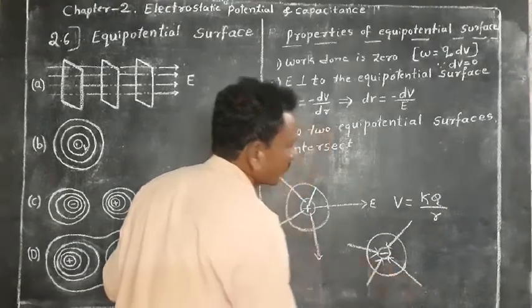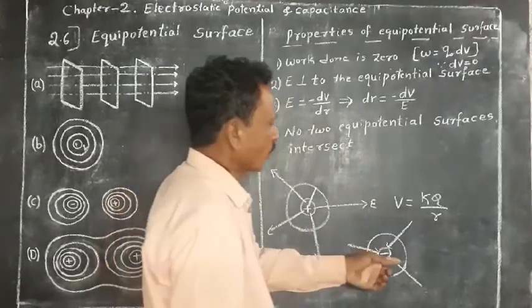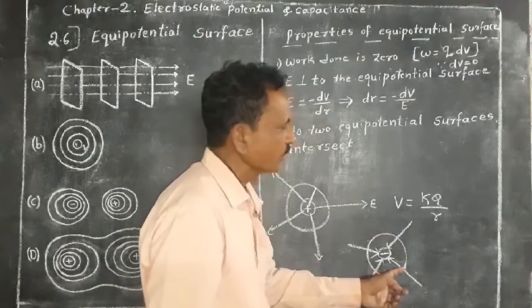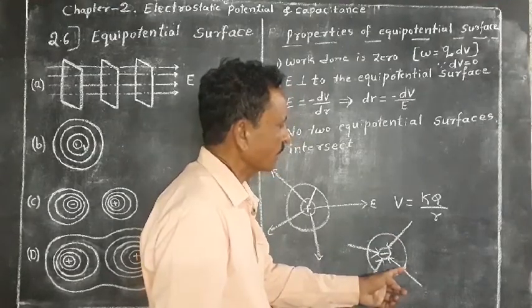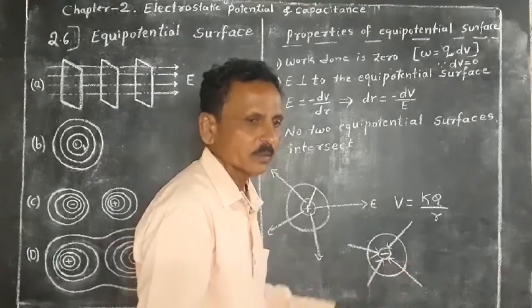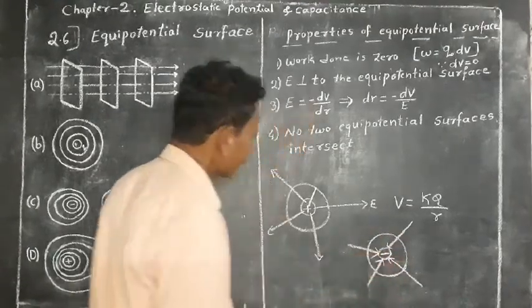In this case also, the potential at any point on this surface remains the same, as potential is inversely proportional to the distance.